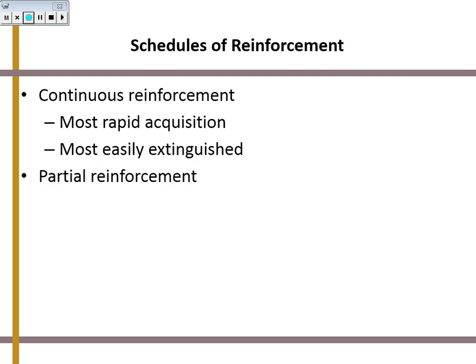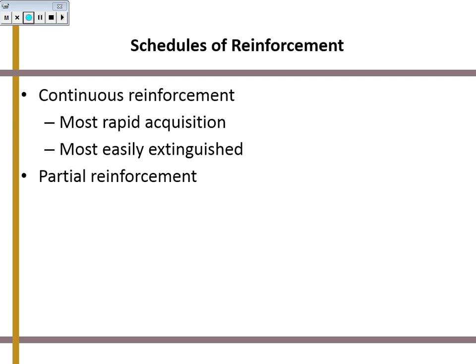Now, in regards to reinforcements, you have what's called a schedule. You're either going to do continuous or partial. Continuous means all the time. Partial means sometimes. Continuous, I reinforce you all the time.